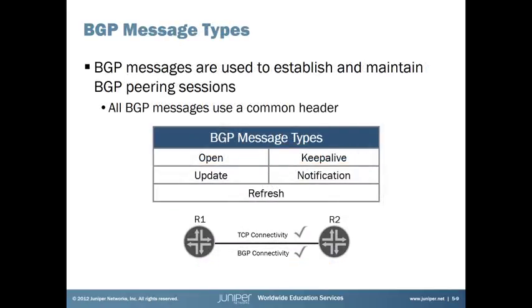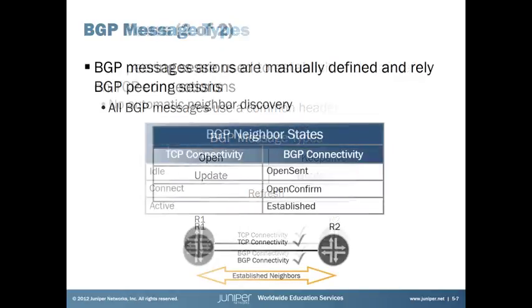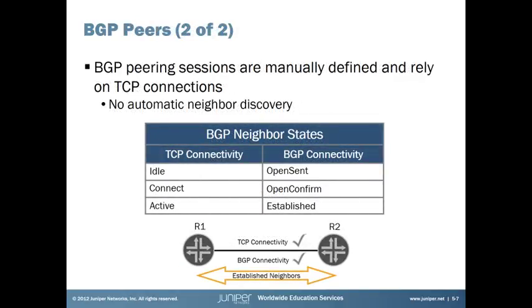Then let's go back a bit here. Okay. Then with the BGP connectivity, we go through three states there: open sent, open confirmation, and established. So once the TCP handshaking and acknowledgements have been completed, then the BGP router sends an open message to the other peer.